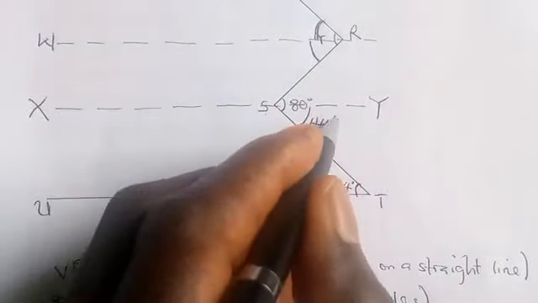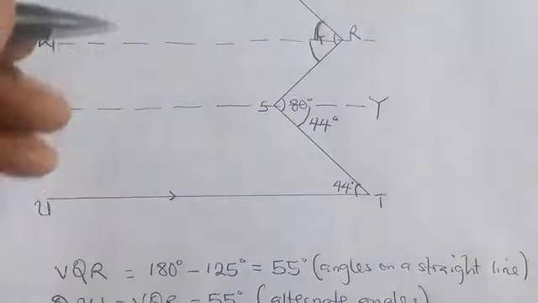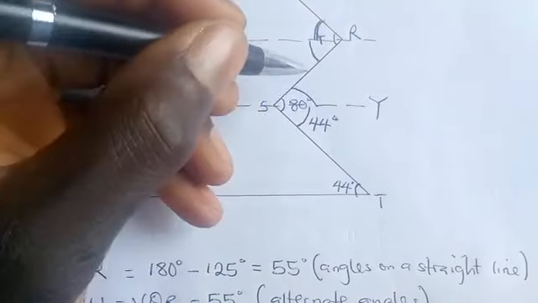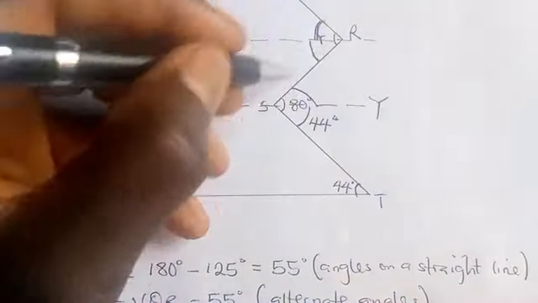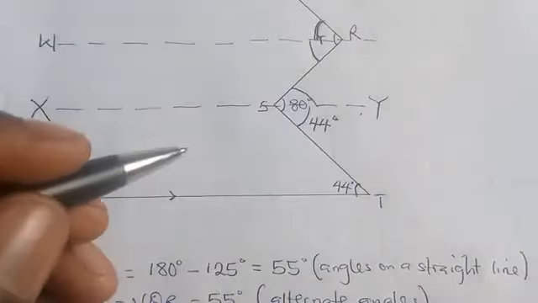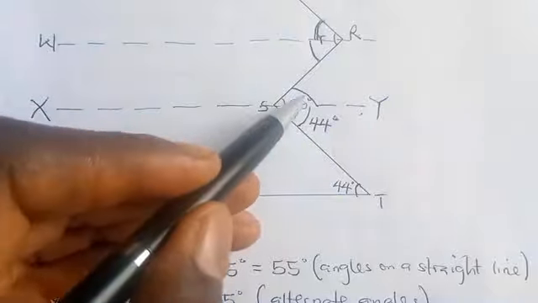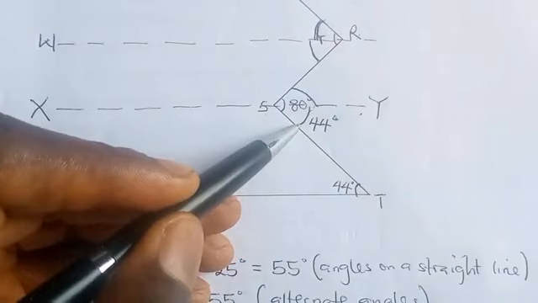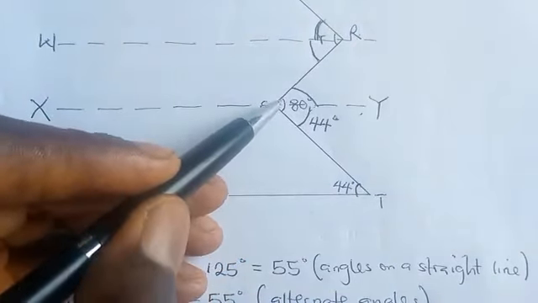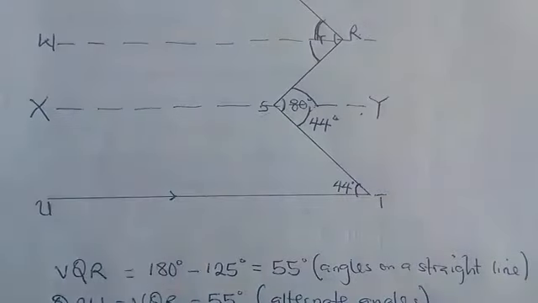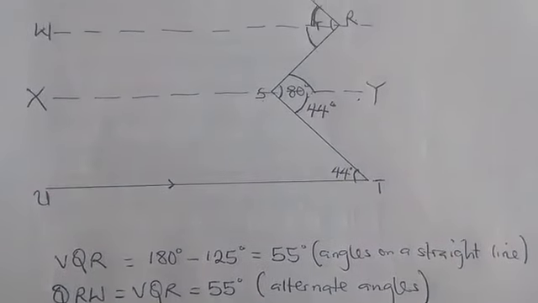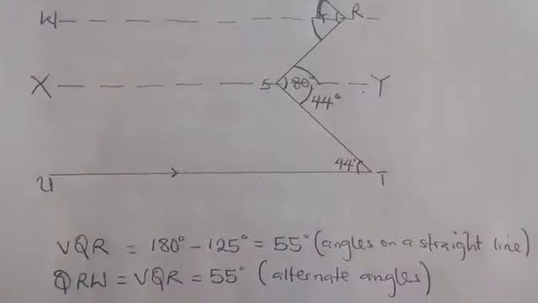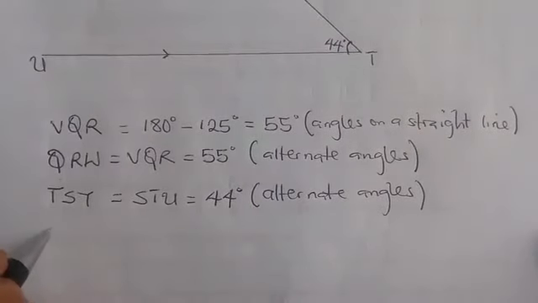And if here is 44 degrees, we need to get angle RSY, because RSY, which is this angle, plus TSY, which is this angle, gives us angle X. So for us to get angle RSY, we are going to do this.